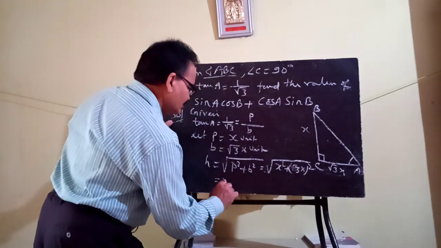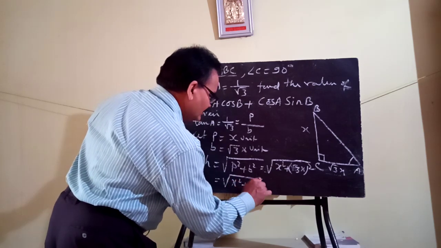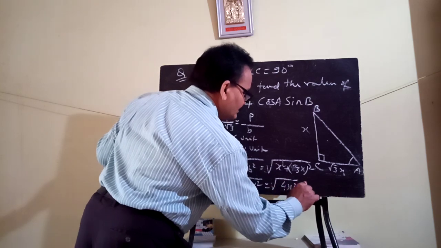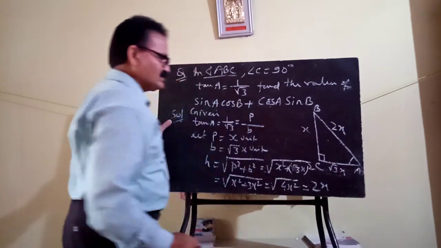So this is x square plus 3x square, equals 4x square, which is 2x. So your hypotenuse is 2x.